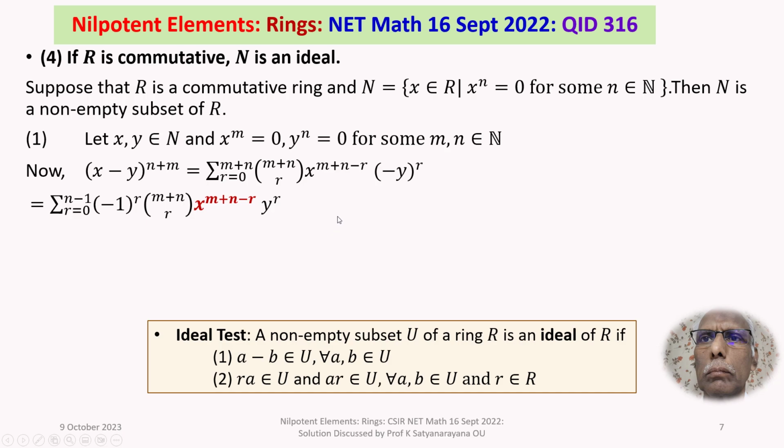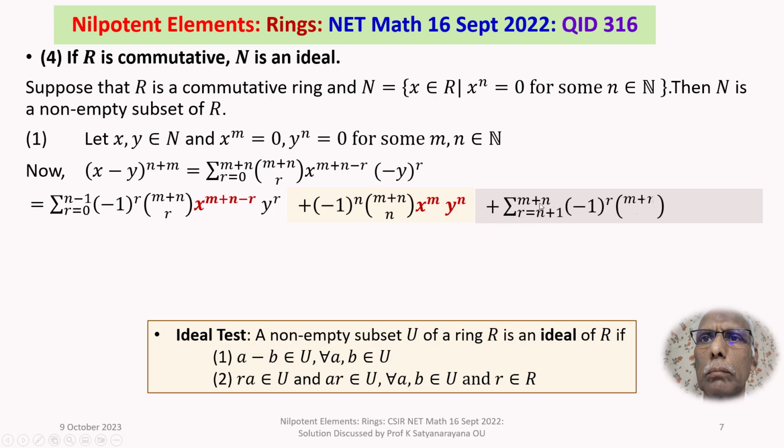Plus the nth term, we will write (−1)^n (m+n)Cn x^m y^n. Agreed? This is the nth term. Since x^m is 0, and y^n is also 0, this is 0. Plus the remaining terms, that means r = n+1 to m+n.